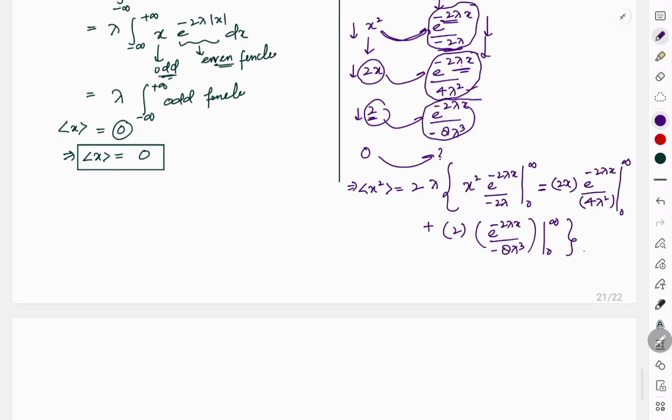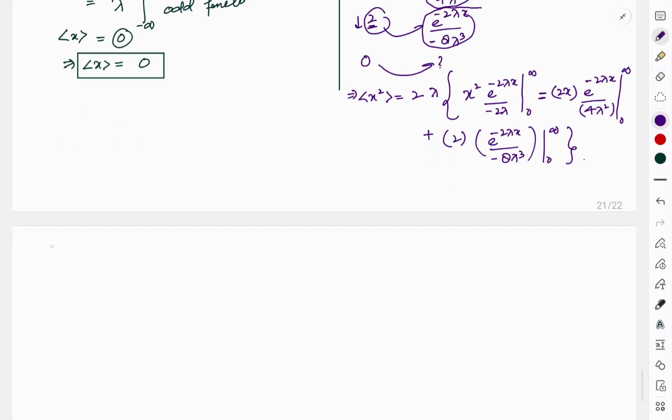Okay, now let's try to solve it on this page. So which implies expectation value of x squared equals 2 lambda is outside. Now we need to put here first lambda and 0. Okay, so what will happen when we give infinity to this, it would become minus infinity, so it will come down, but this will decrease more than this, it becomes 0, and when we give 0 it becomes 0.